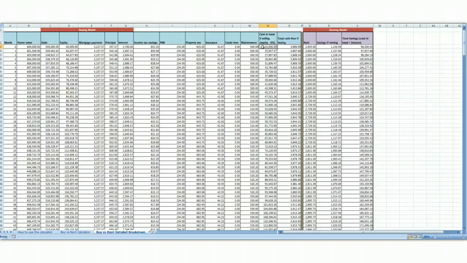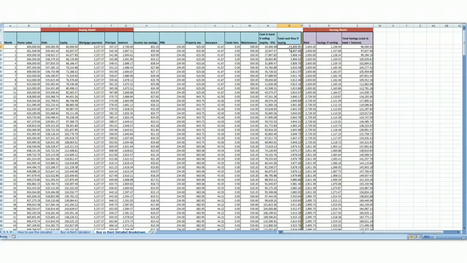For example, if you just buy and turn around and sell it, the equity would not have changed and the home value would not have changed, but you have to shell out 6% of the selling cost, so you will lose money. So the cash in hand if you are selling is only $24,000 in the first month in this case. And this is the total cash flow every single month if you are buying.